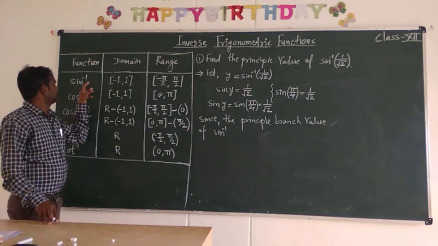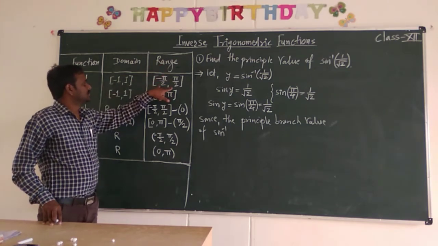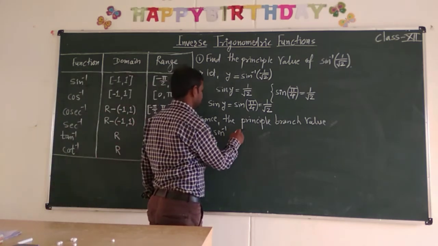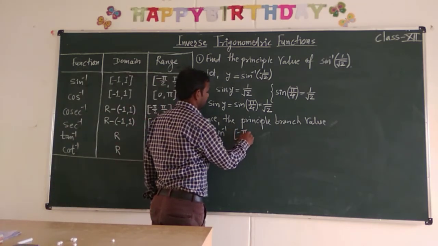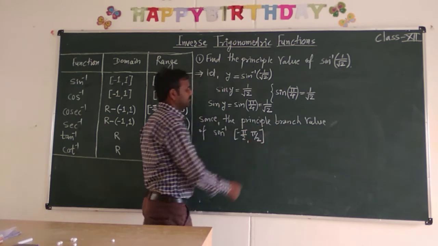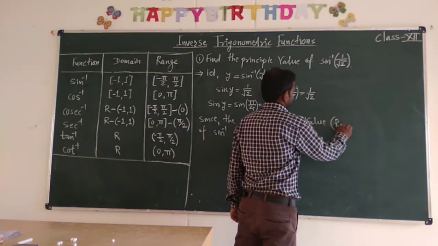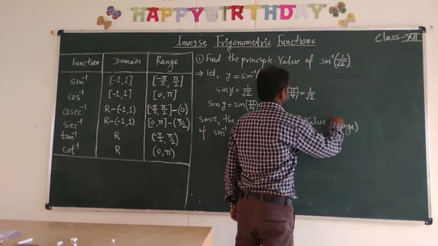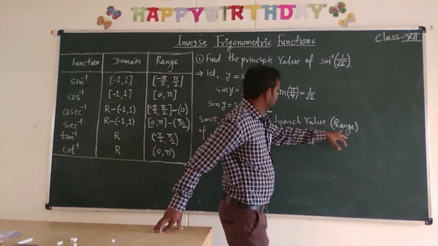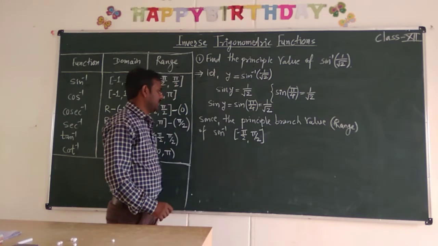In that table, the range of sin inverse is the closed interval minus pi by 2 to plus pi by 2. That means principal value means range. The principal branch value, or the range of sin inverse, is minus pi by 2 to plus pi by 2.